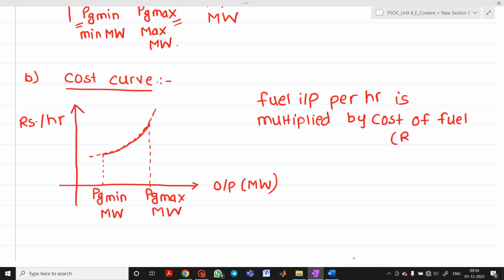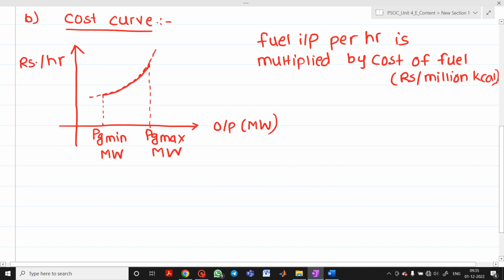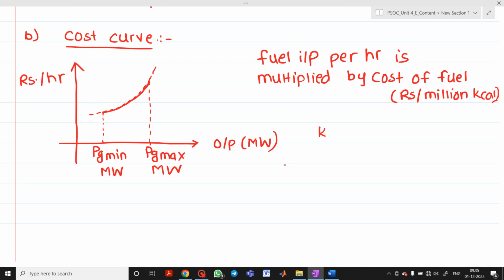You can take it as rupees per million kilocalorie. Please see it carefully. Here we have written kilocalorie per hour into 10 raised to 6. So I will write it here, kilocalorie per hour into 10 raised to 6, and I am going to multiply it with the cost of fuel.